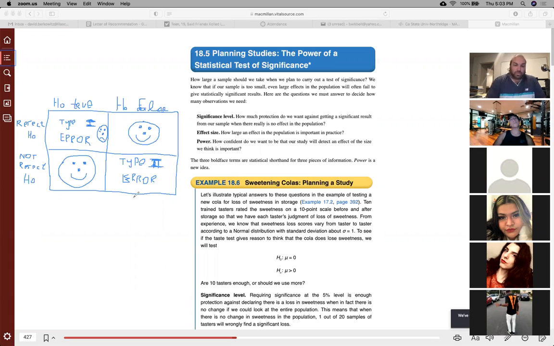So alpha, which is also called the level of significance, which we've used before, that's our cutoff point. Alpha, the level of significance, is equal to the probability of making a type 1 error. How likely is it that you make a type 1 error? That is alpha.